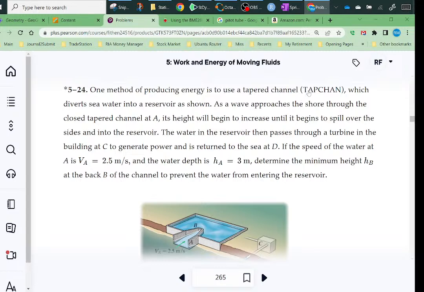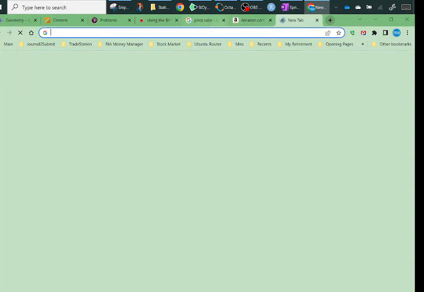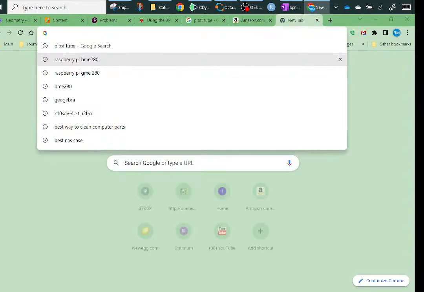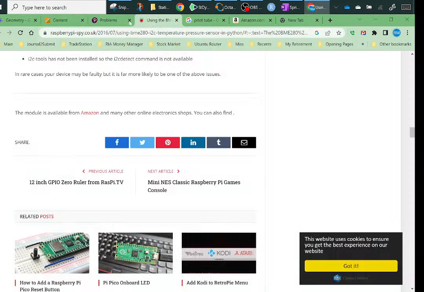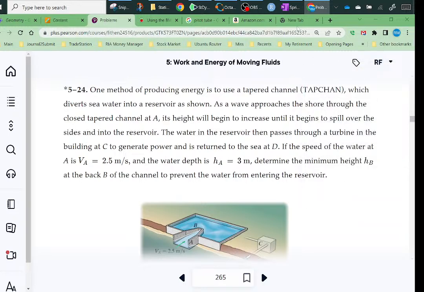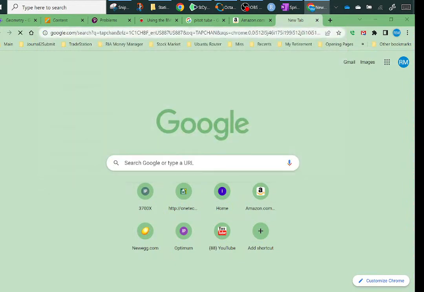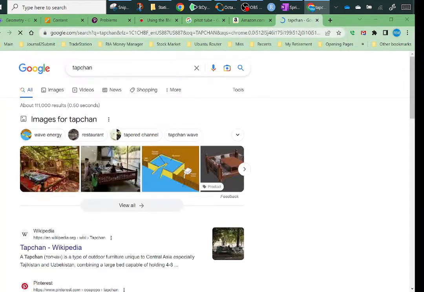I don't know if that's a true acronym or not. Just out of curiosity. I actually thought I copied that. Did they not? Okay, wait a minute. Let's just see if that's a true acronym. Oh, it is.